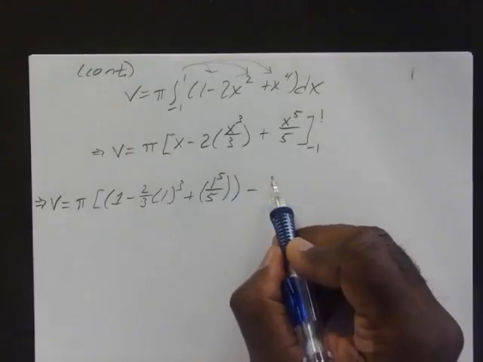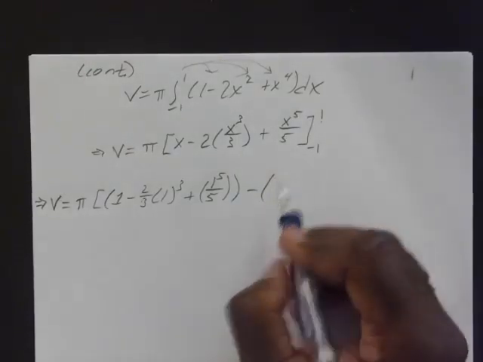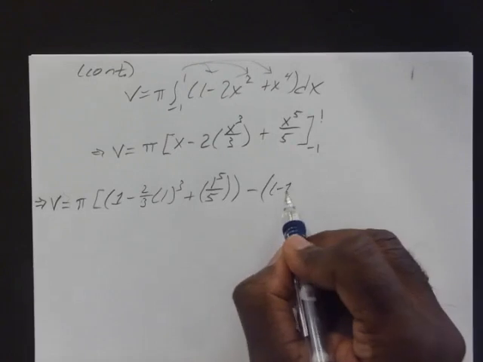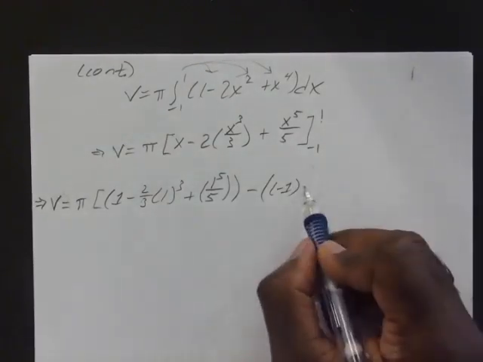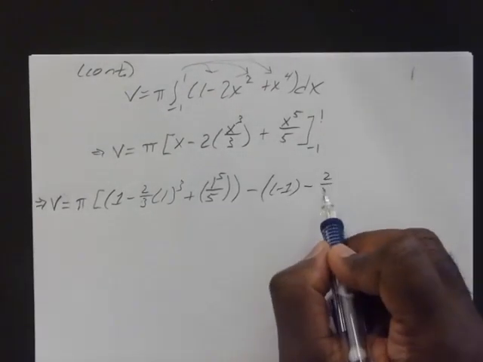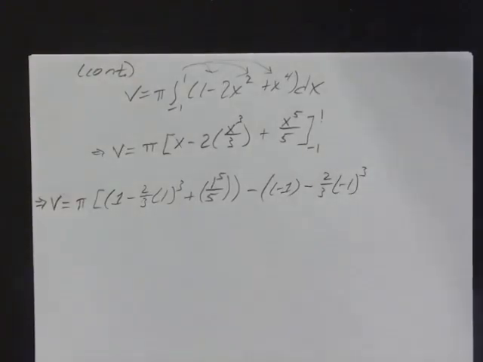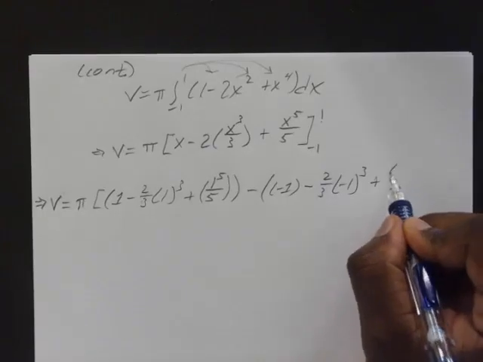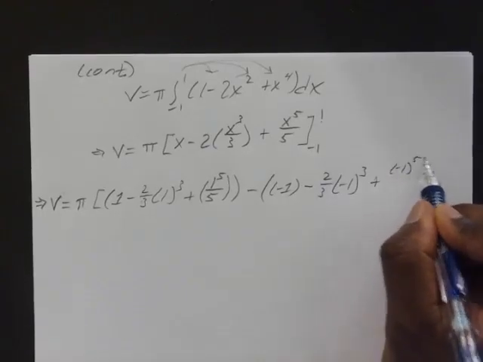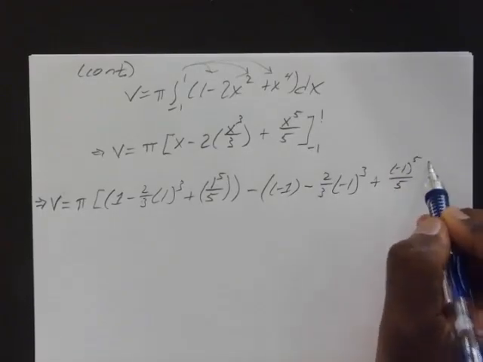Minus, we go ahead and plug in our lower bound, which is -1. Minus 2/3 times -1 to the third power, plus -1 to the 5th power over 5.